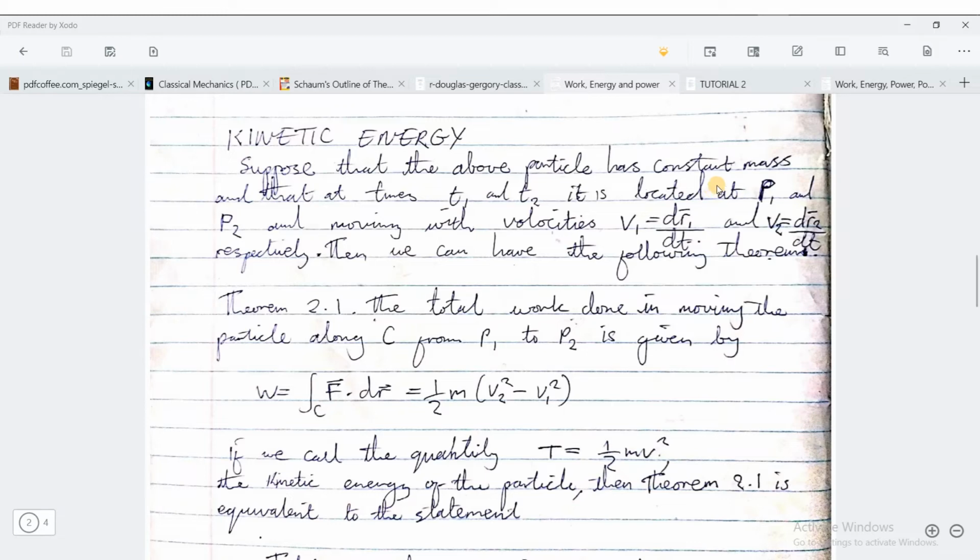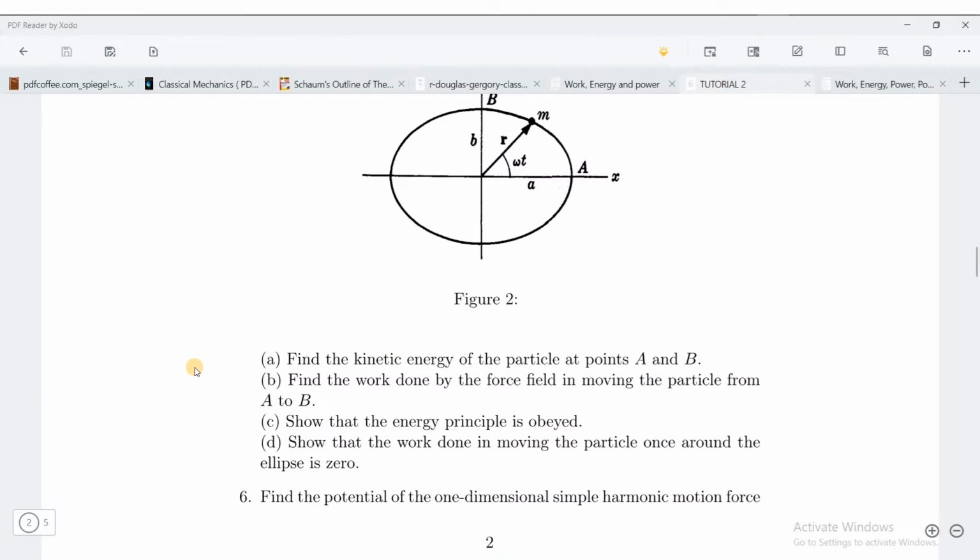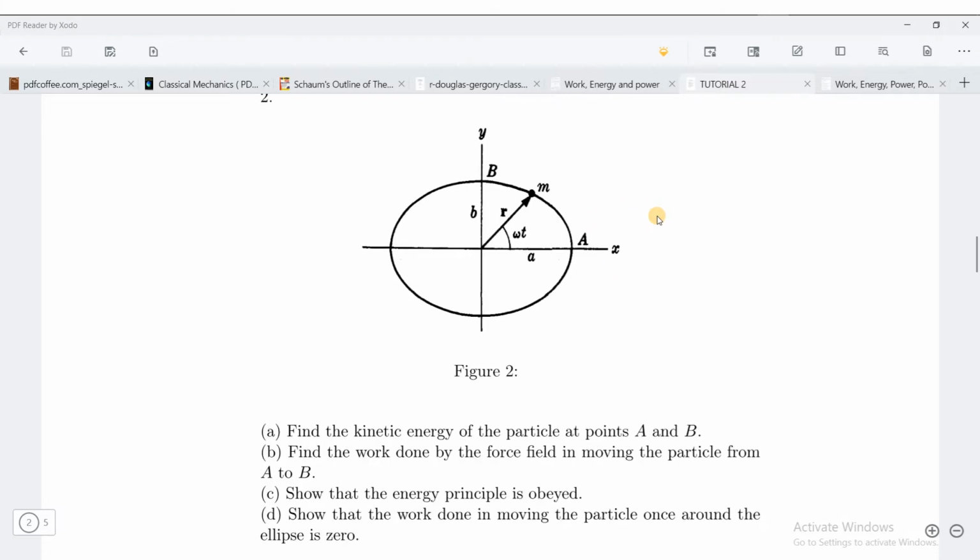So let's now go back to our question. It is saying find the kinetic energy of the particle at points A and B. So at point A, for you to find the kinetic energy, you have to look carefully and note something. This is point A here.